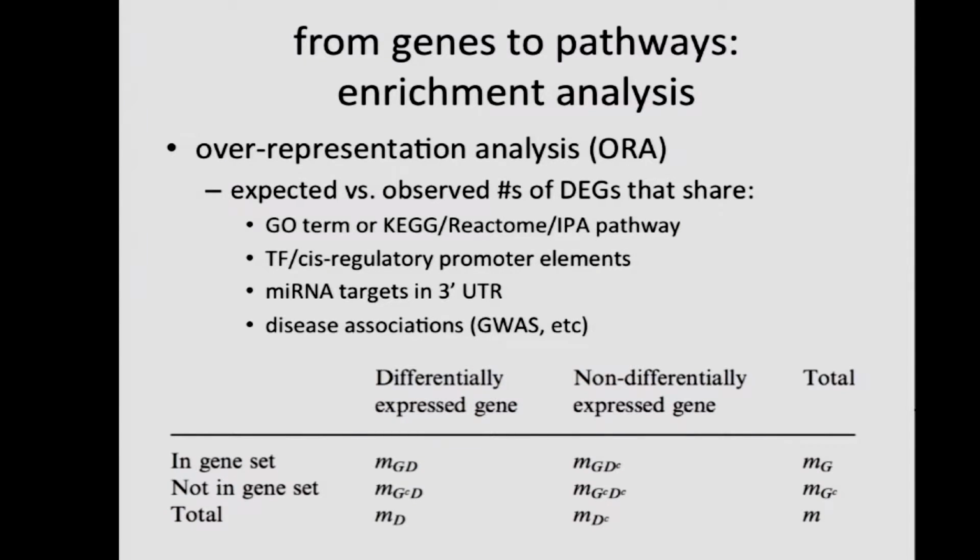is overrepresentation analysis. And essentially what we're going to do is we're going to make a table. And for each gene set that we get out of KEGG or Reactome or IPA or a GO term, a set of promoter elements that a transcription factor might bind to, a set of microRNA targets, a set of disease associations, it doesn't really matter where the list comes from.